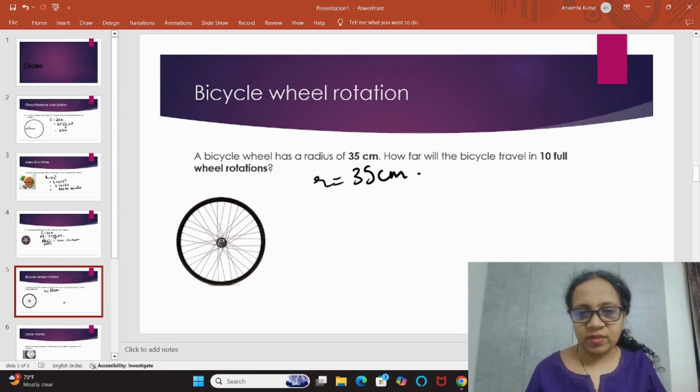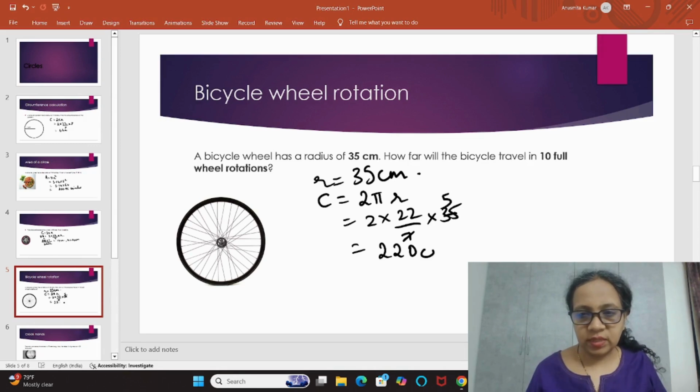Now the distance traveled in one rotation is the circumference, because it will go one full round around the boundary. So now circumference is 2 pi r. We can take pi as 22 upon 7, as 35 is a multiple of 7. So this is 220 centimeters.